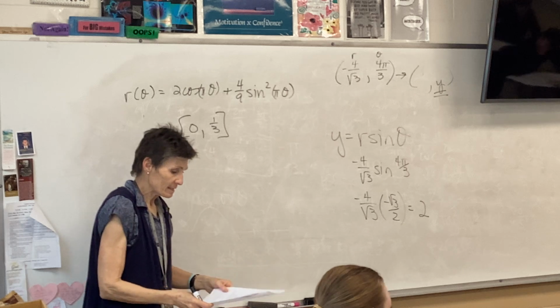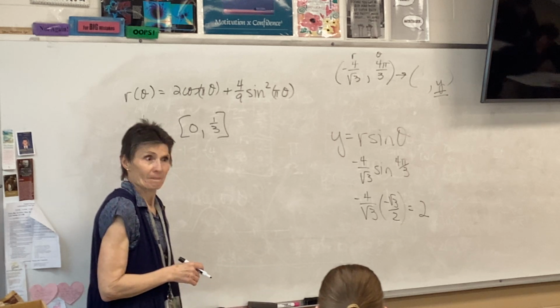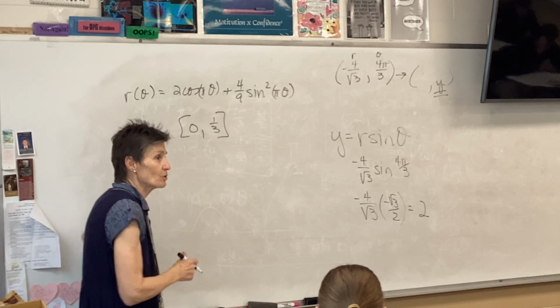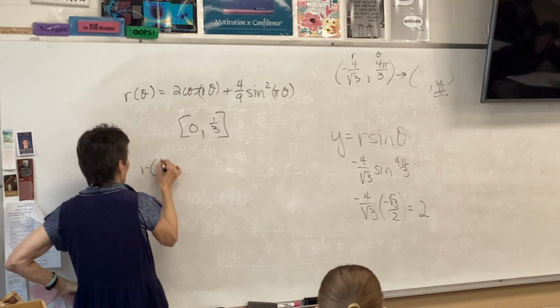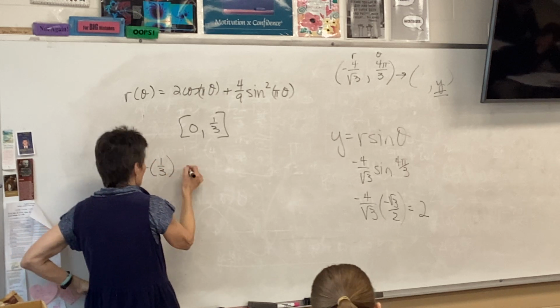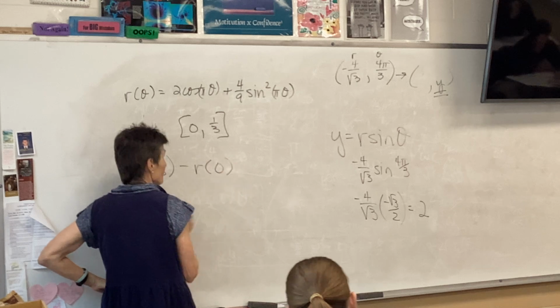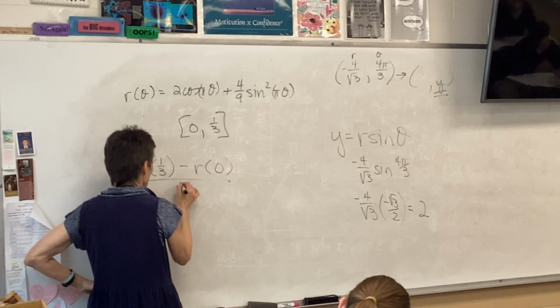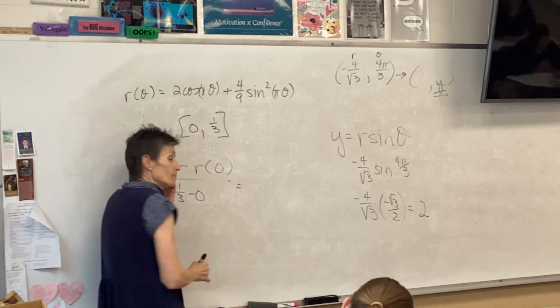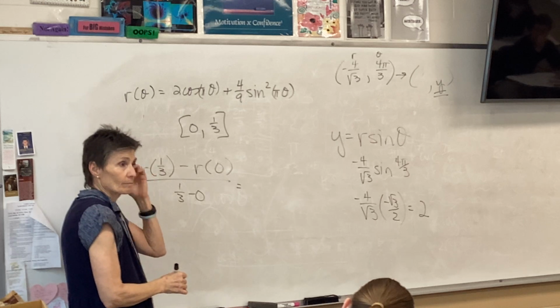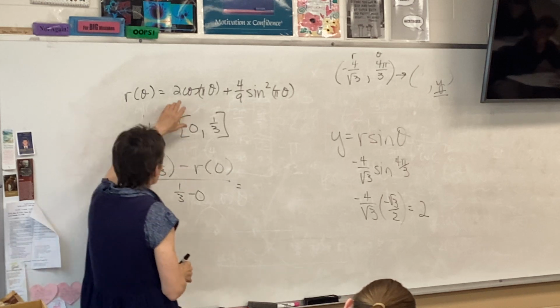Oh, talk about easy. How do we find average rate of change? R of 1/3 minus R of 0 over 1/3 minus 0. So let's plug in the third.